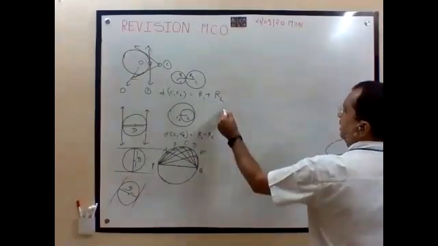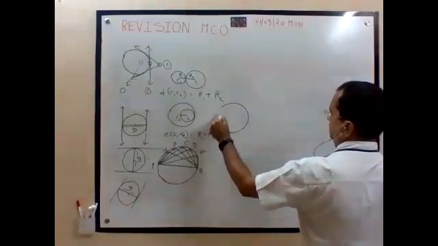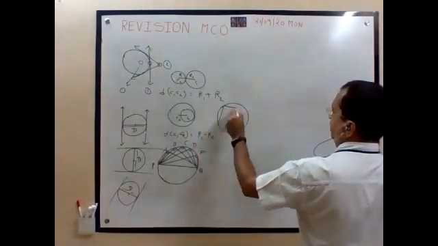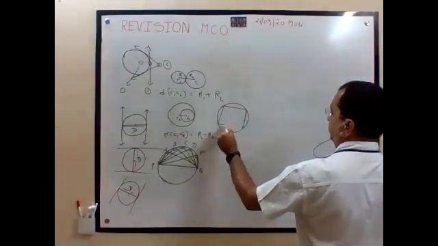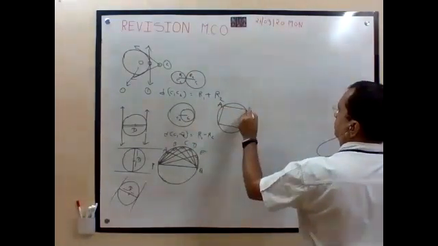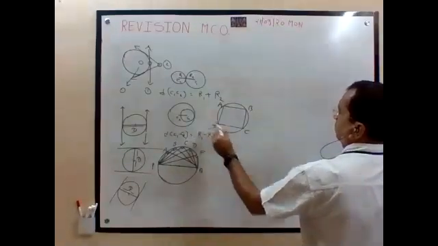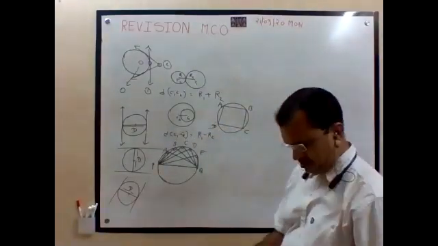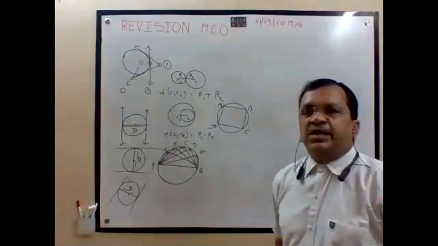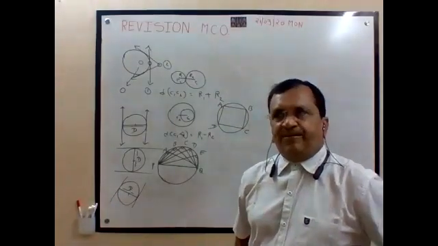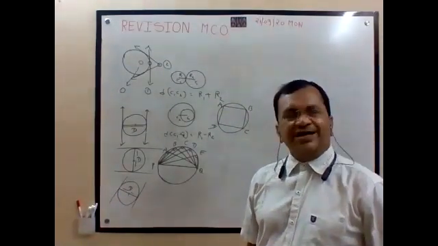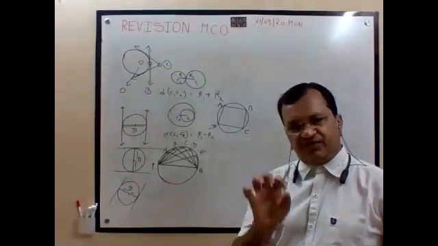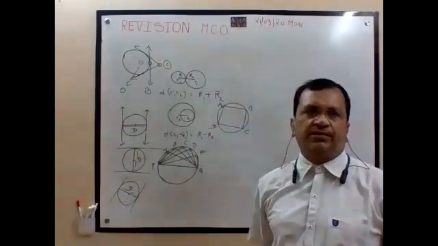The sum of opposite angles of a cyclic quadrilateral. First of all, cyclic means what? A quadrilateral ABCD is said to be cyclic when all four vertices are on a circle.